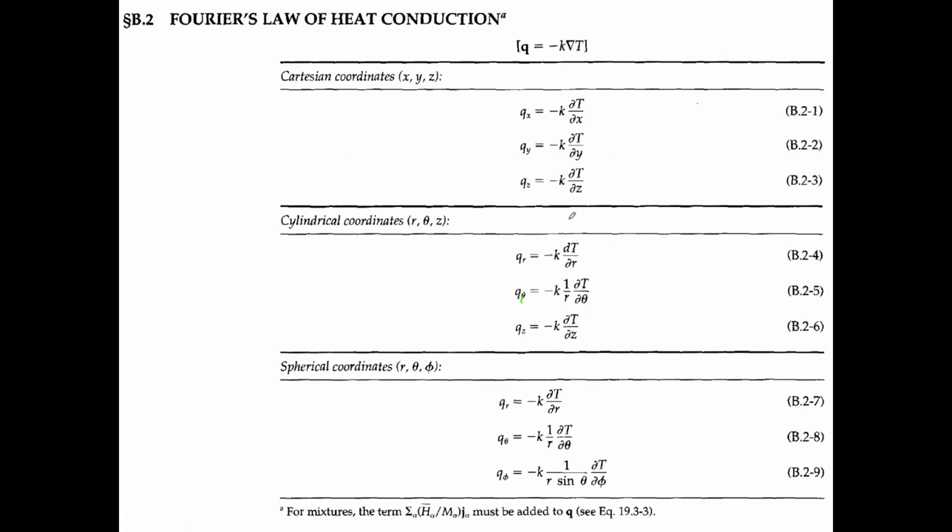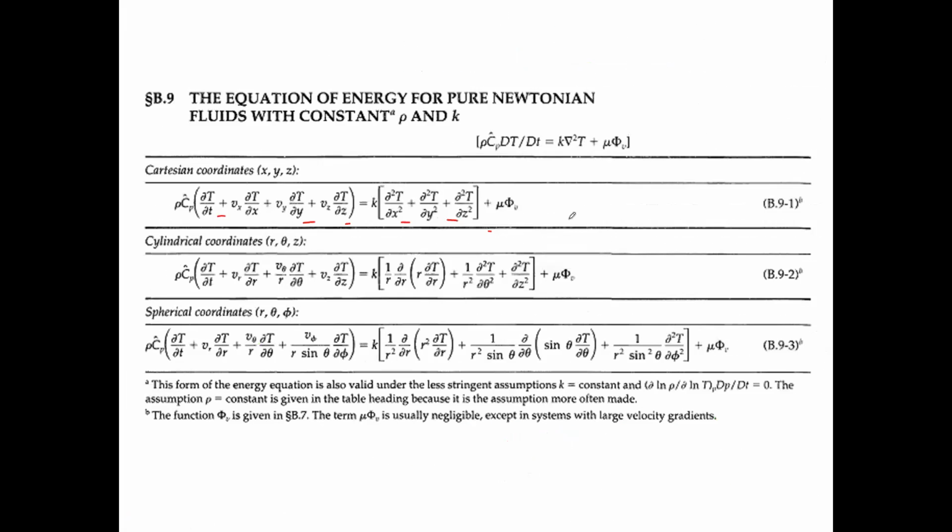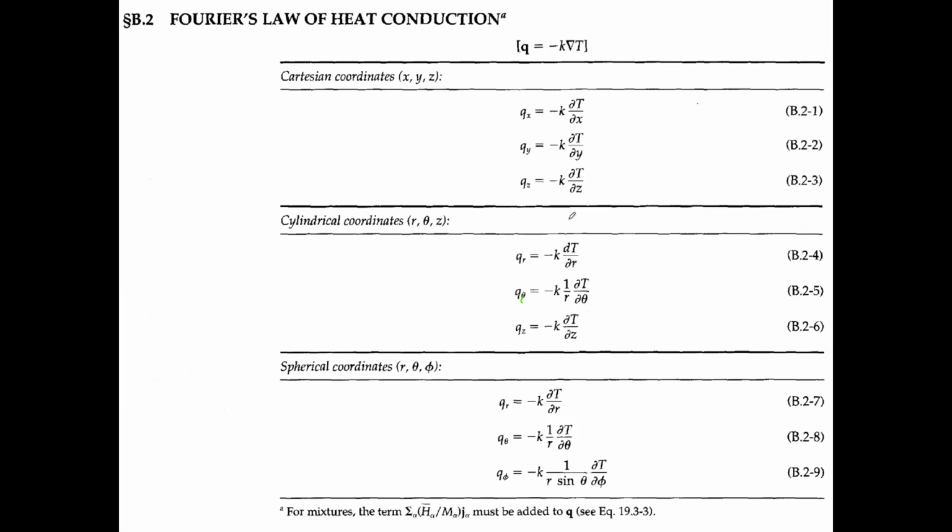So here are the equations we're going to use: application B2 and also B8 and B9. Application B2 is about the Fourier heat conduction. If you remember, for momentum it is tau yx equals minus mu dvy over dx, for example, and similar to this is the conduction for energy.